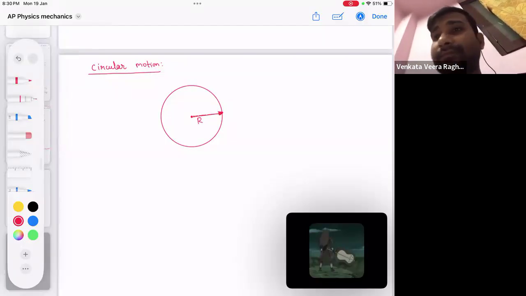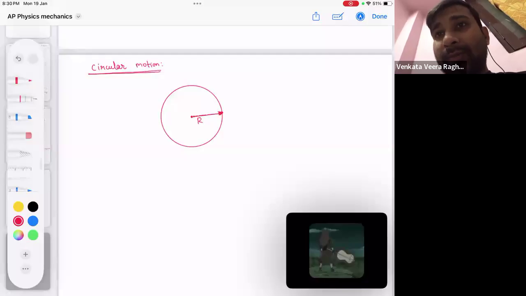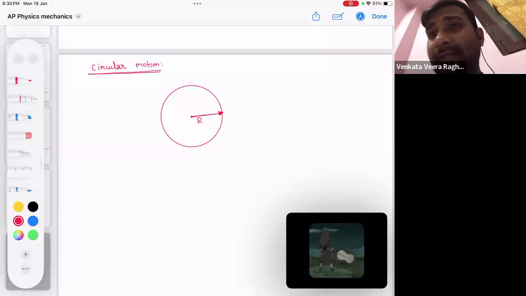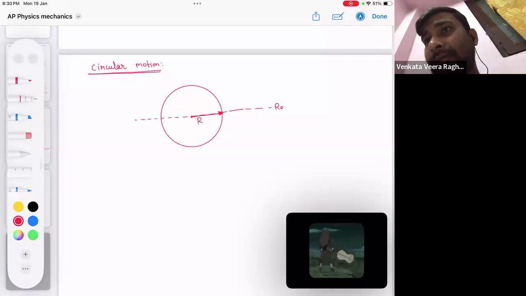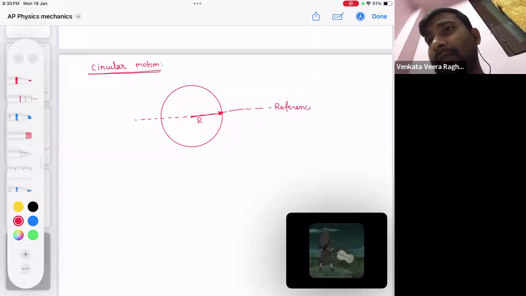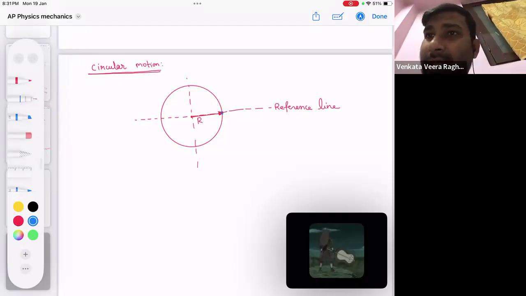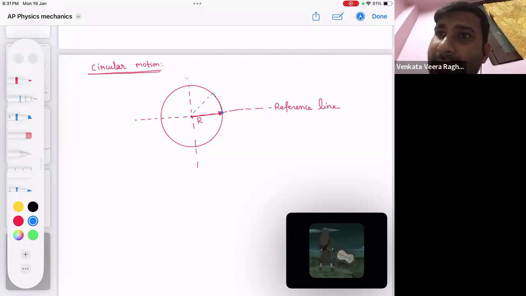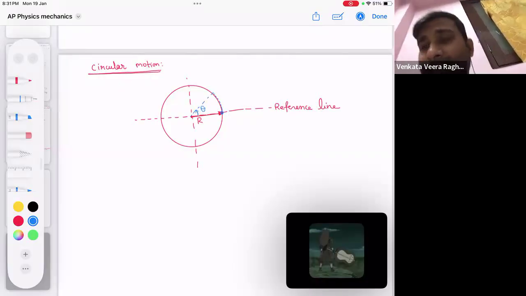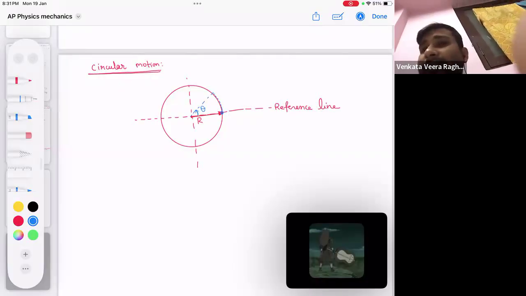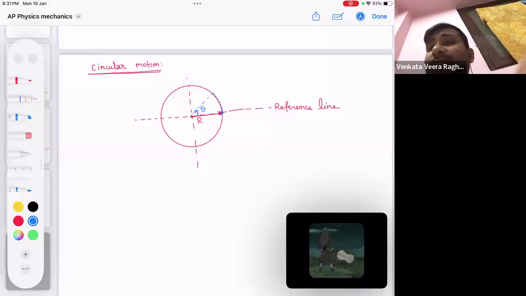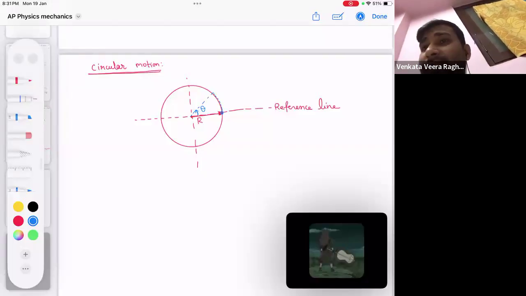Is that clear? So in a circular motion, there are some variables. Let's call this line the reference line. Let's say a particle is starting from some point here and it has moved some distance here. So can I say that it has traveled some angle theta? It has moved along the arc of the circle, along the circumference of the circle.